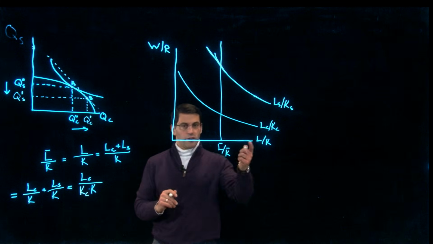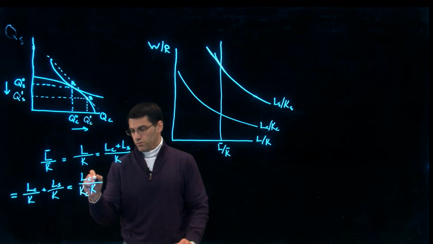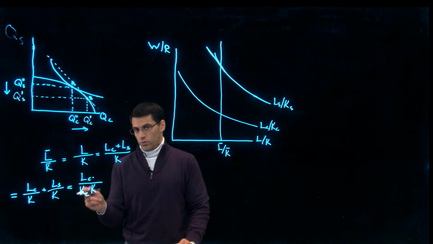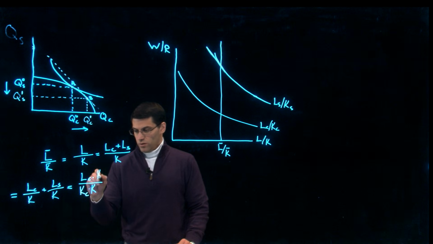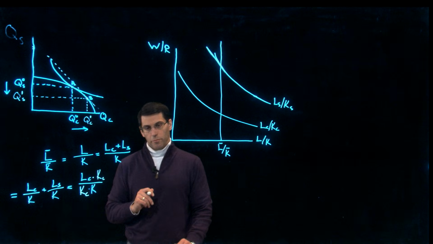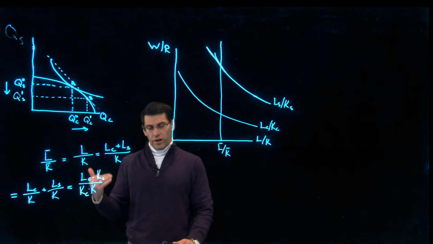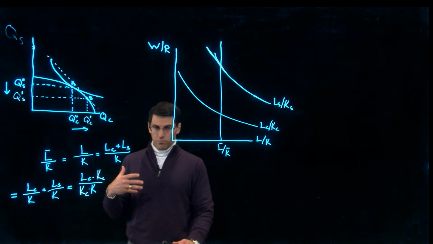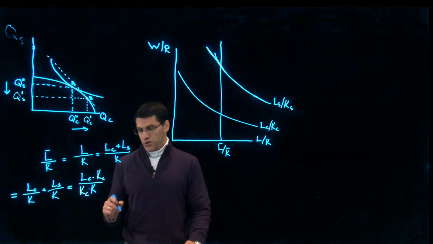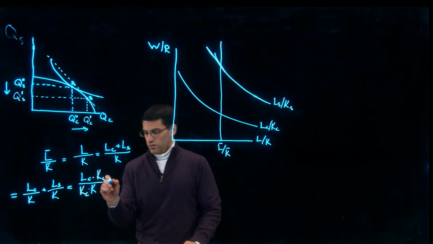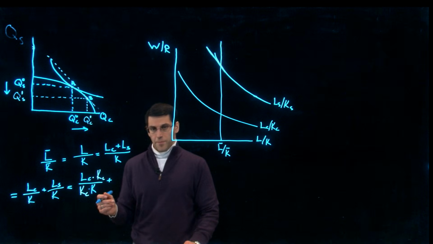So now we have LC over KC, but of course, the fact that we've divided by KC, if we want to maintain that, we also will multiply it by KC. So in essence, when you multiply and divide by the same variable, you're just multiplying by 1. So it's a mathematically legitimate operation. We've not changed this equation.